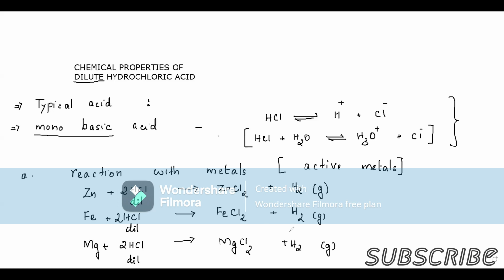So, commonly asked metals I have covered here, zinc, iron, magnesium, or even if it is calcium, you will write the equation the same way. That is, metal plus dilute hydrochloric acid gives us salt plus hydrogen. So that has to be our conclusion here.